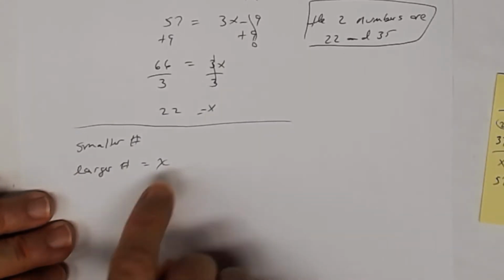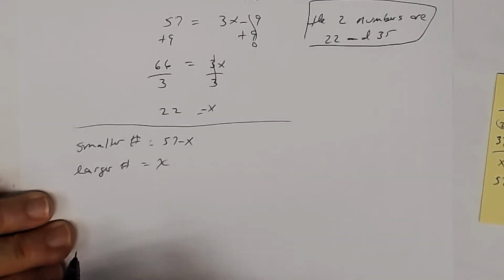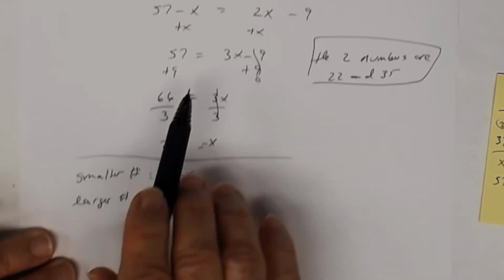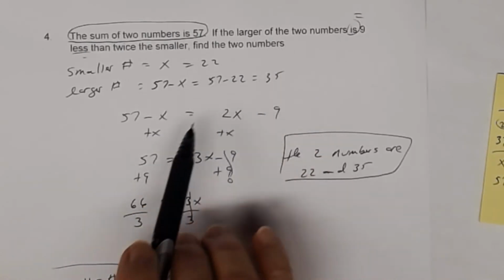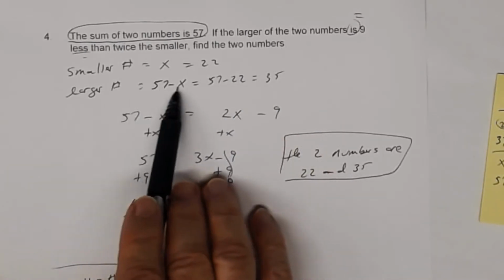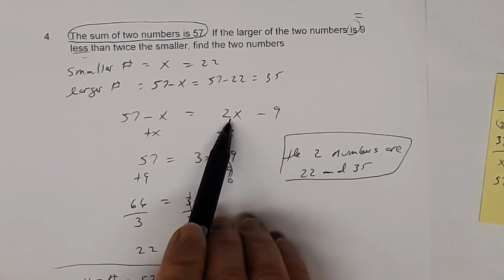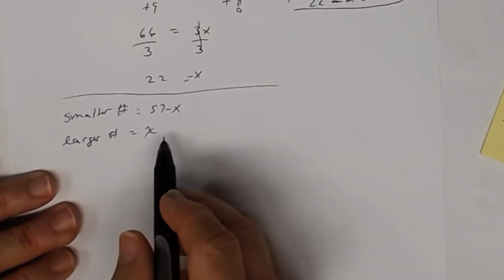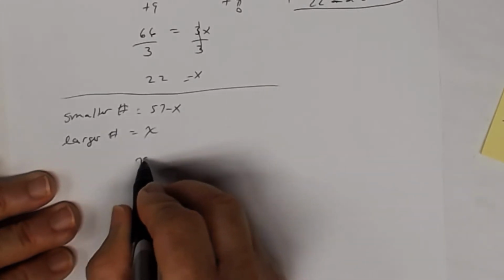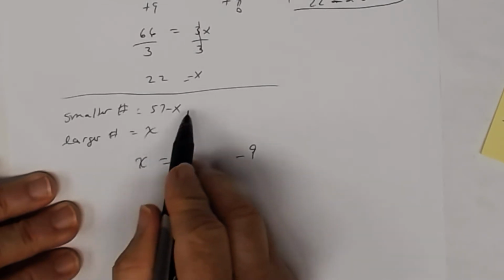So if we let x be the larger number, then the smaller number would be 57 minus x in this case. And when you add them up, you get 57. But the equation, see how we did this one? We said the larger of the two numbers is 9 less than twice the smaller. So this time it's going to look different though. So watch. The larger, which is x, is 9 less than twice the smaller.